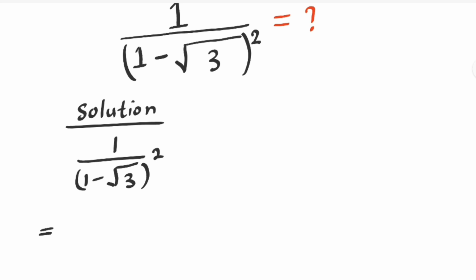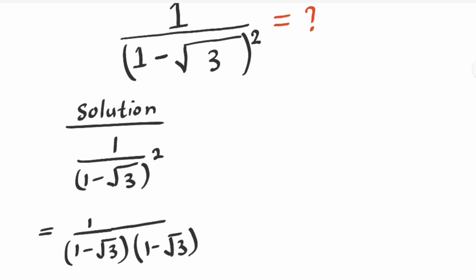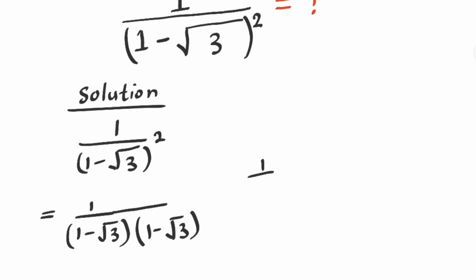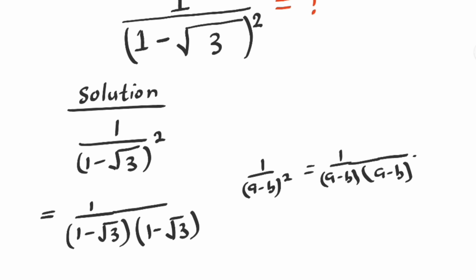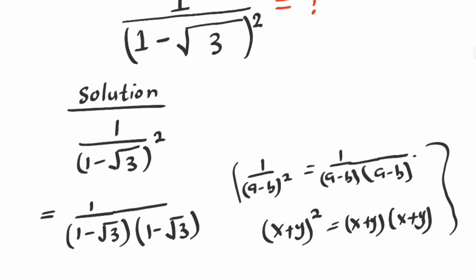This is equal to 1 over 1 minus square root of 3, multiplied by 1 over 1 minus square root of 3, because if you have 1 over a minus b all squared, this is equal to 1 over a minus b multiplied by 1 over a minus b. So that is how we got this denominator.